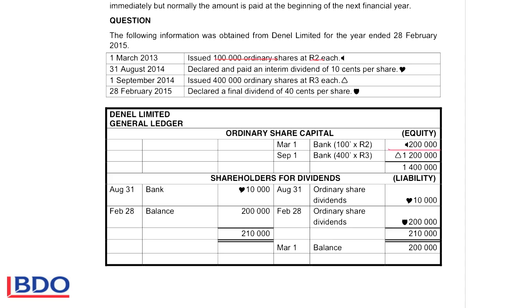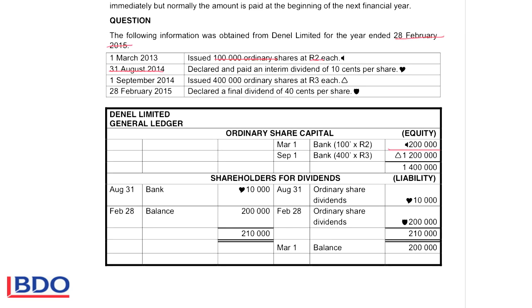Our current financial year ends on 28 February 2015. So any entries between the 1st of March 2014 and the end of the financial year 28 February 2015 is for the current year. So if I look at this date, 31 August 2014, it is in our current financial year.